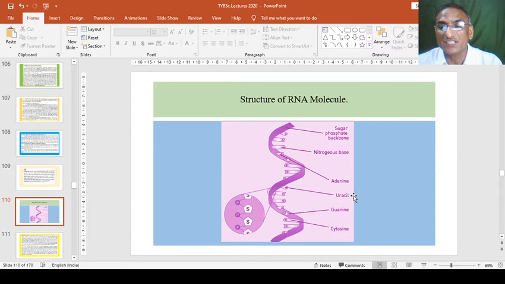This uracil is instead of thymine in DNA. So thymine is replaced by uracil in RNA. These are the nitrogenous bases, and this one is the phosphate sugar backbone, and the backbone has the structure as such.